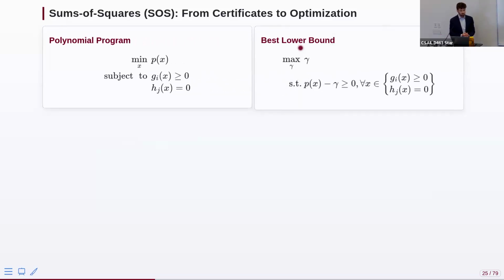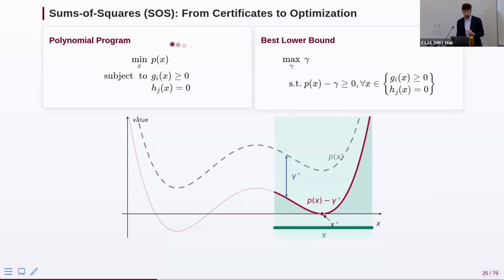The first trick is I'm going to think about taking the polynomial and I'm going to rewrite it in a particular way. I'm going to imagine, to do optimization, I'm going to take my polynomial and try to drag it down to the x-axis until it just becomes negative. What's the most I can drag it down so that over the set that I care about, it's going to become negative?